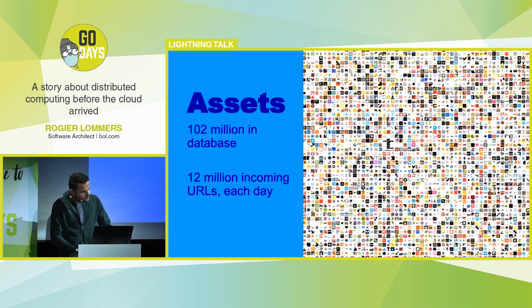So much for the history, because I wanted to talk about the assets we are processing. We currently have about 100 million assets in our systems, and each day we receive 12 million new URLs pointing to external images from our suppliers, which we need to process.